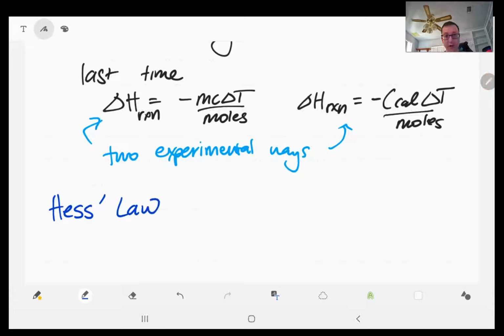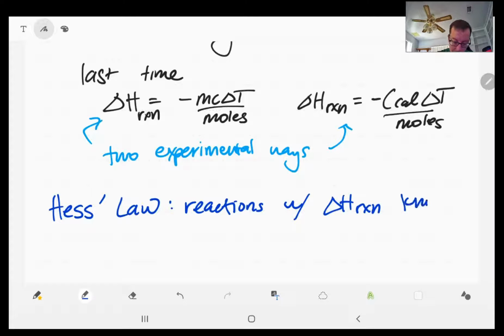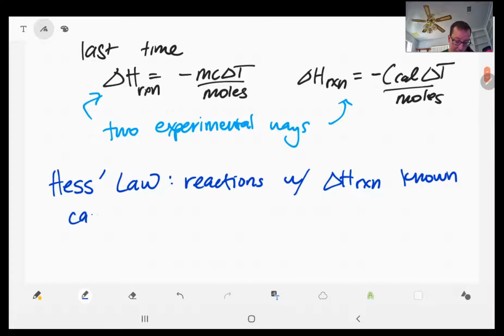This is one way of combining reactions. So if we know their enthalpy values already for those reactions, we can combine them. Well, I guess I should be grammatically correct about this, shouldn't I?